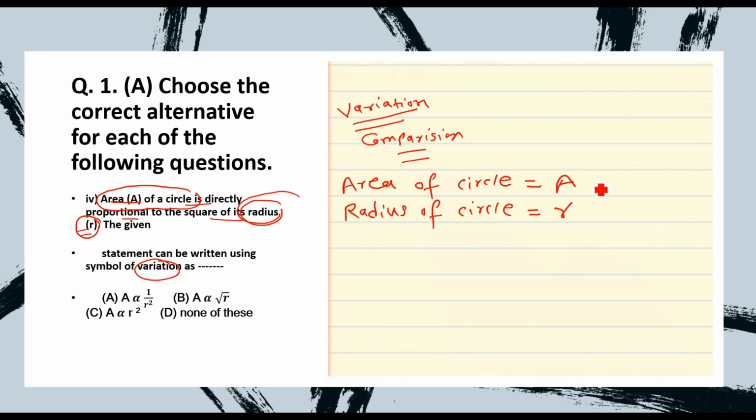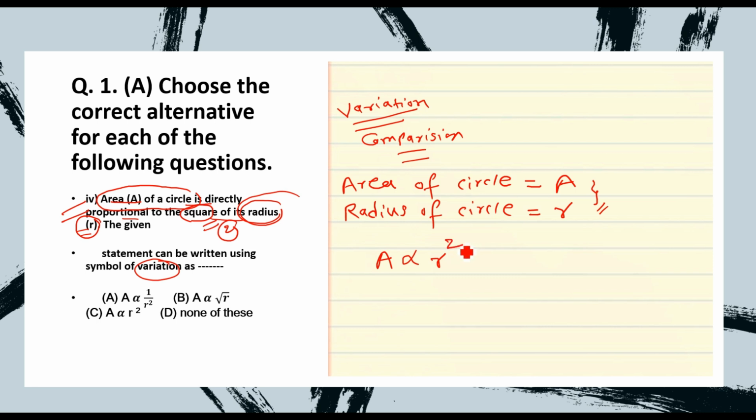Now we have these two variables. The statement says the area of a circle, so you have to write A first, directly proportional. When it's directly proportional, there will be no denominator. The square of its radius: the radius I denoted by R, and the square means you have to write the power 2.